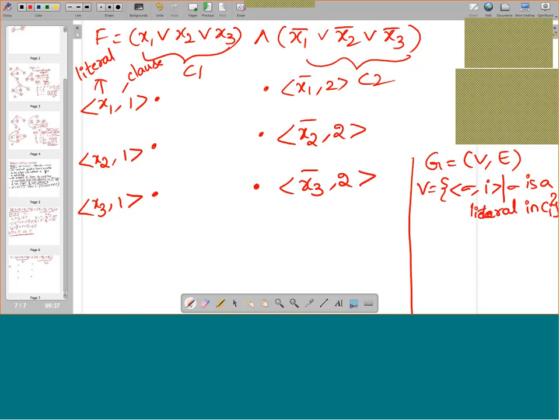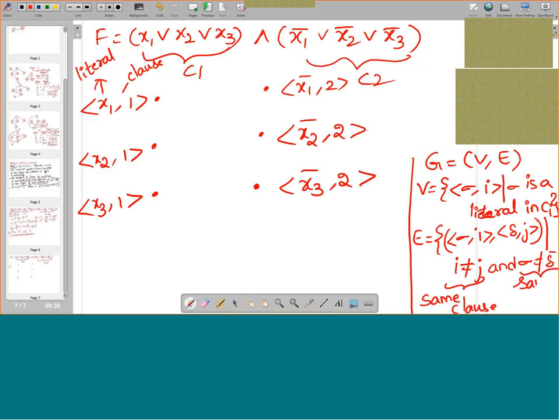E equal to the set of ((sigma, i), (delta, j)) such that i not equal to j and sigma not equal to delta bar. That means they should not belong to the same clause and not be the same variable complemented. These conditions we have discussed in the previous class.